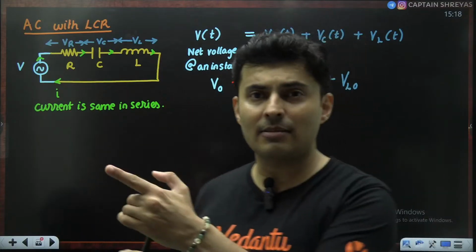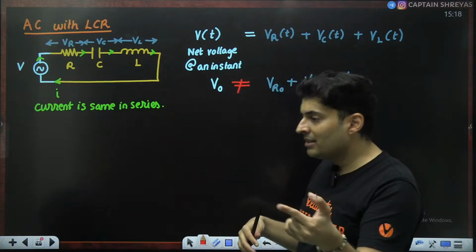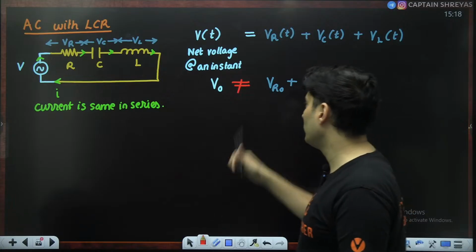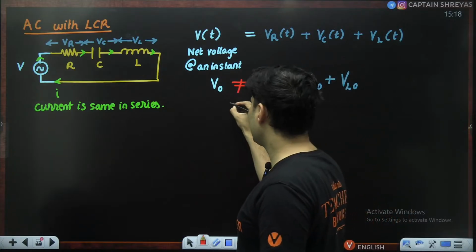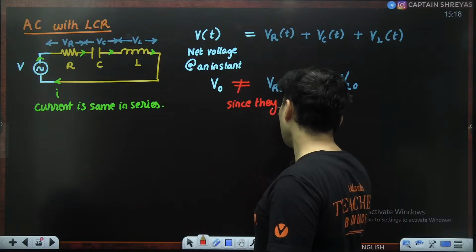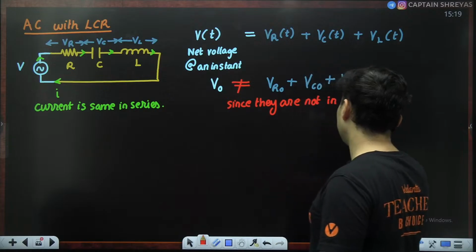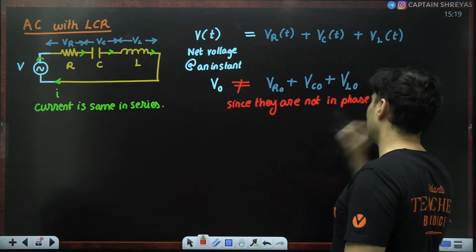So the current is same in all of them, but the voltages aren't, which means I can't add their maximum voltages as it is, since they are not in phase. I can't do that.